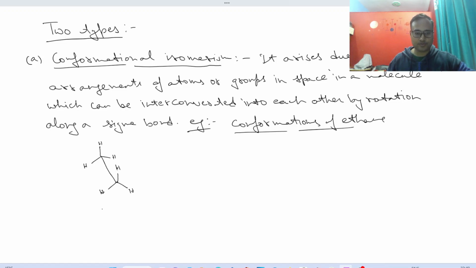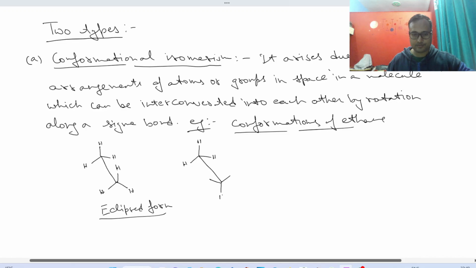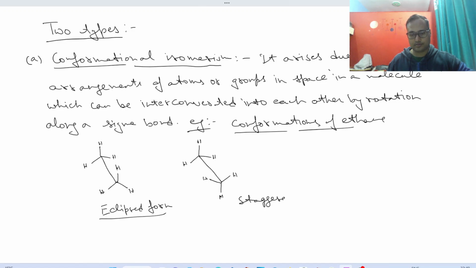This is the eclipsed form. And the second structure we can draw like this. This is the staggered form. So these are the conformations of ethane.